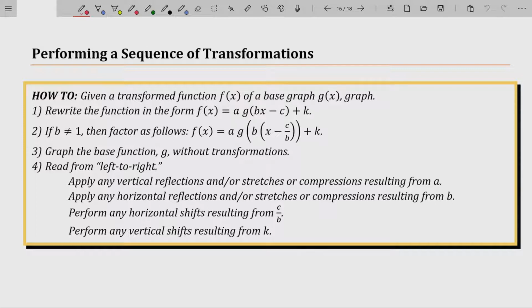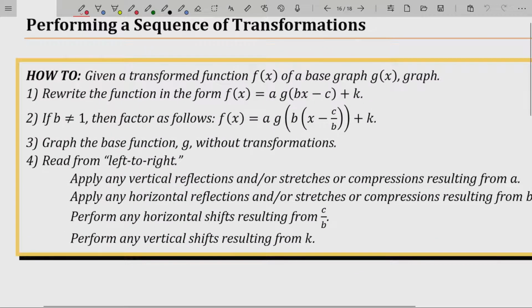Performing a sequence of transformations is actually what you're going to be doing for the most part in your pre-calculus course, and you're also expected to kind of know what a function looks like after performing a lot of transformations in your calculus course. However, I will be very honest with you. It's not that in calculus somebody says, hey, here's a function that's a transformation of a base function.